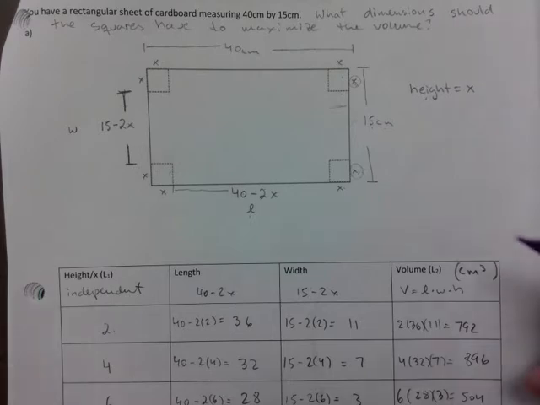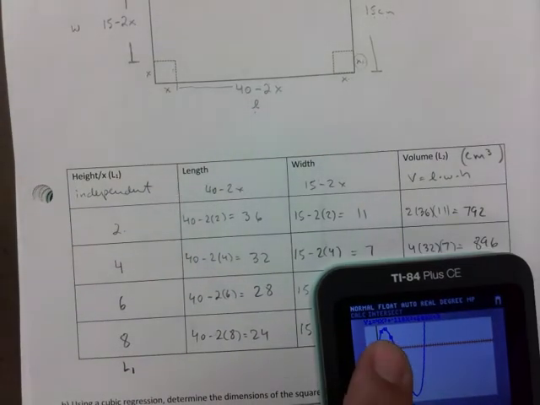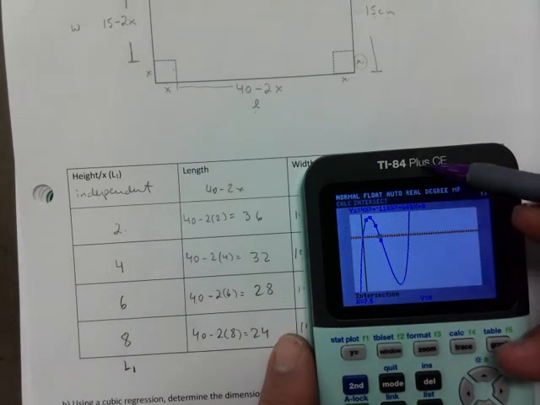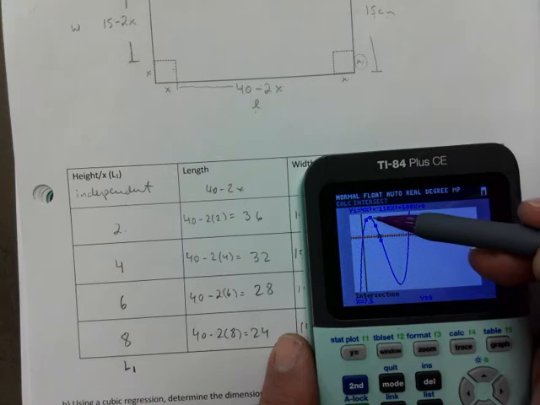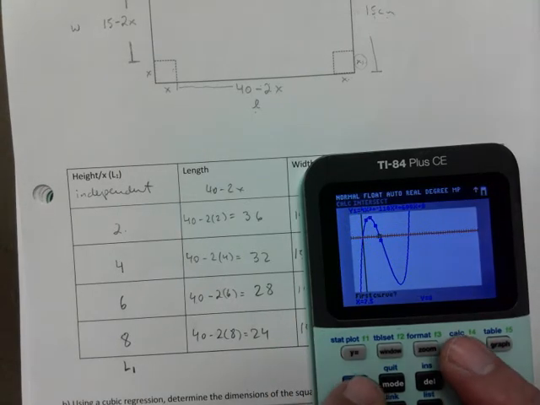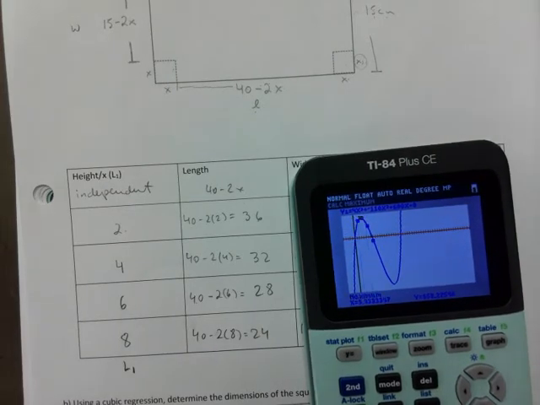All right, lots of interruptions here. So let's find the maximum height. So the only really highest point is here. This goes on indefinitely, but within our domain and range, that's our highest. So second trace 5, nope, sorry. Second trace 4 to get the max. So we're going to hit enter, enter, enter again.